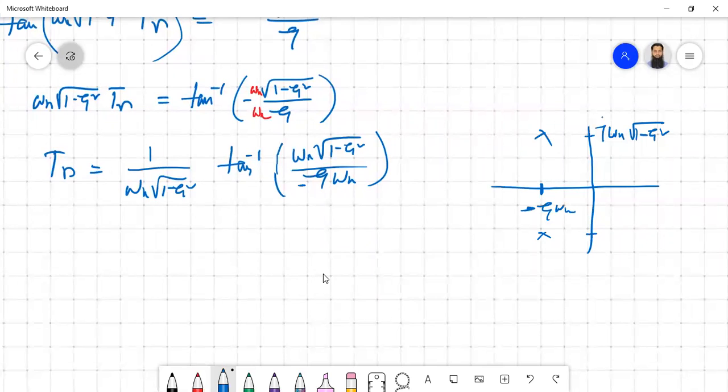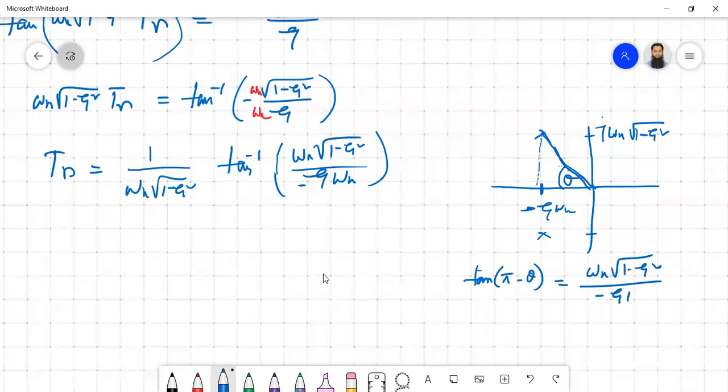Now another thing we can assume: if we draw a line to the center, we can take theta here. Then tan of pi minus theta will be the height divided by the base, so basically omega n root over 1 minus zeta square by minus zeta omega n.